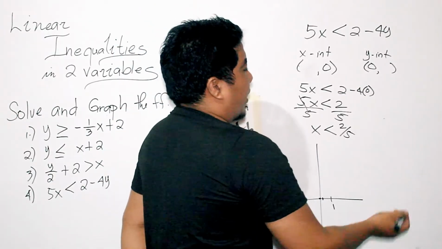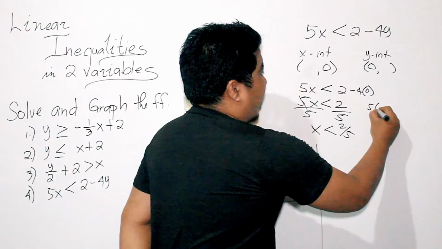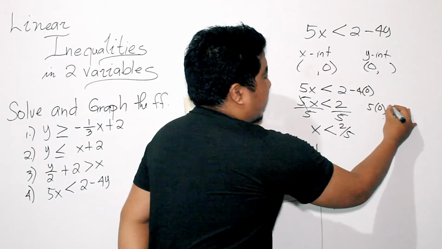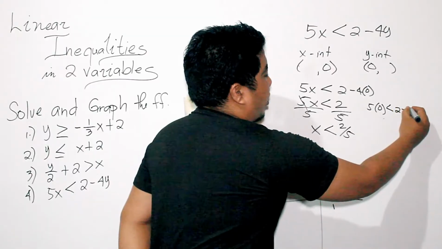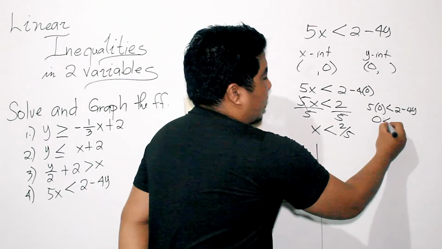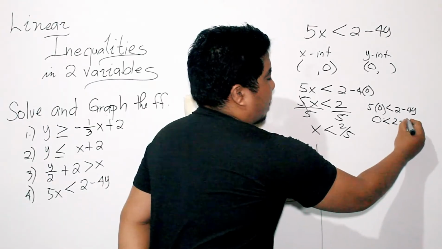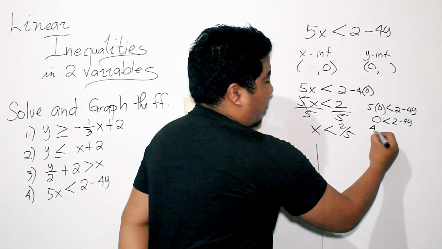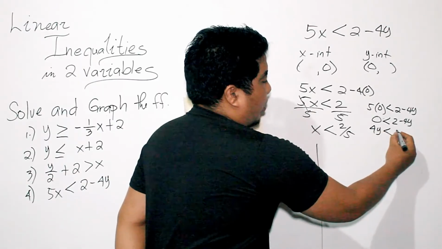So in solving our y-intercept, that gives us 5 times 0, because our x is 0, is less than 2 minus 4y. So this will become 0, this will become 2 minus 4y. So we transpose our 4, so that gives us 4y is less than 2.